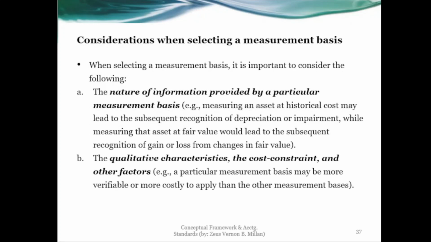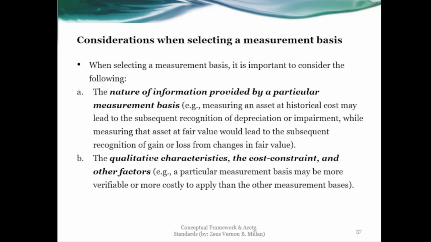Next, what are the considerations that you need to remember when selecting a measurement basis? So it is important to consider the following. First is the nature of information provided by a particular measurement basis.